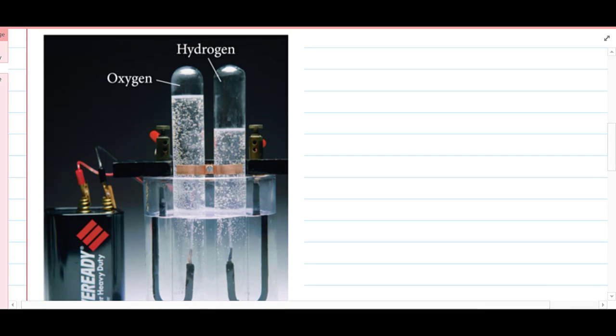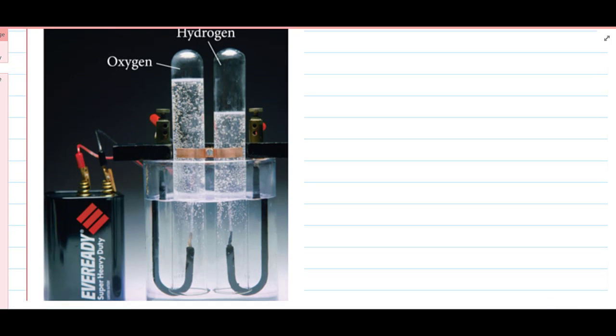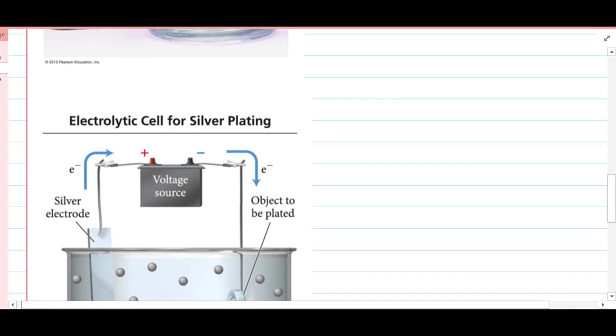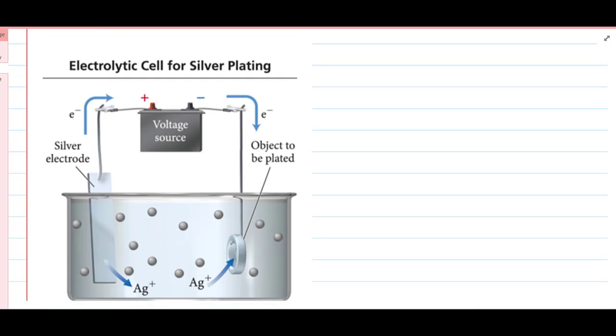Okay. So for example, I got a picture of this as well. There's the electrolysis of water. Let's talk about silver plating. This is an electrolytic cell for silver plating. I have silver metal and I have an object to be plated, and a voltage source. That voltage source drives electrons to the object to be plated, which is the electrode, the object to be coated.